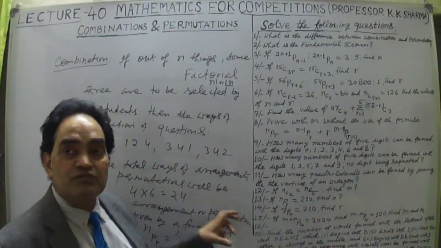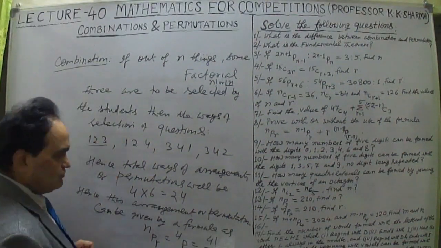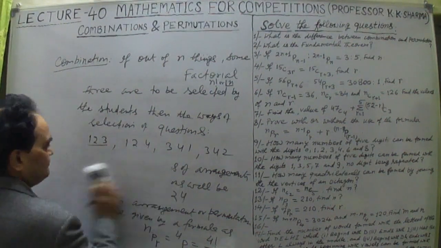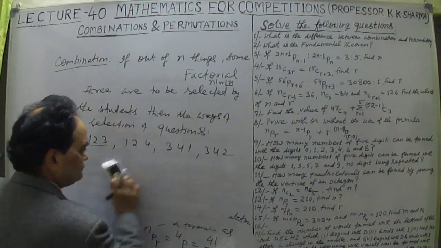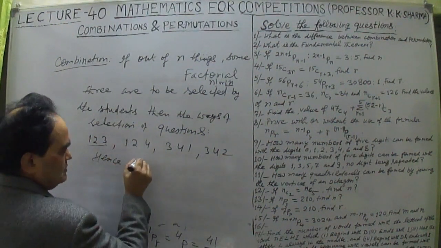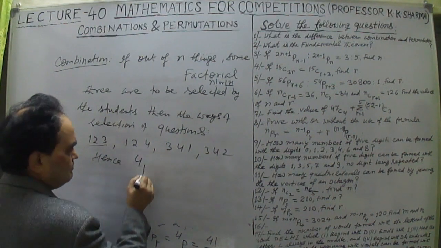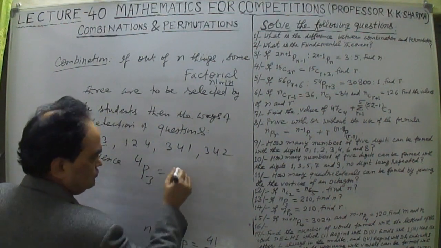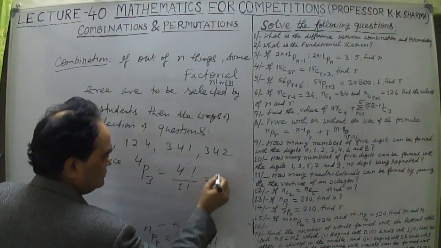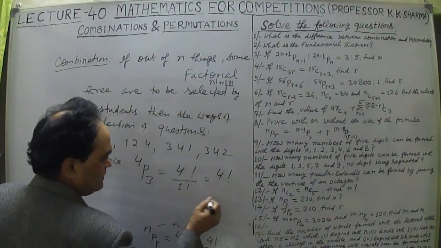So this is factorial 4. Now factorial 4 means 4 into 3 into 2 into 1. Therefore, nPr of 4P3 is equal to factorial 4 upon factorial 1, which is equal to factorial 4.